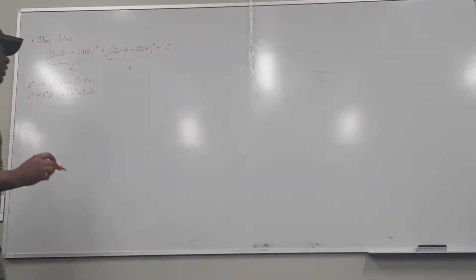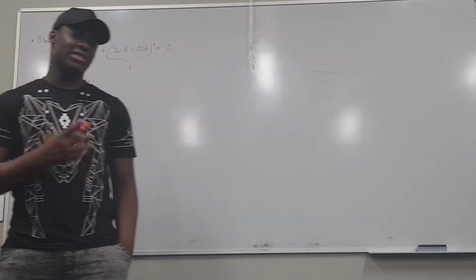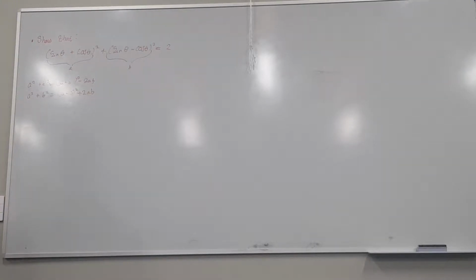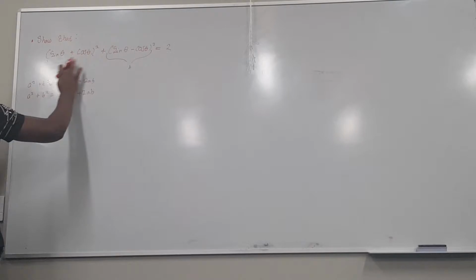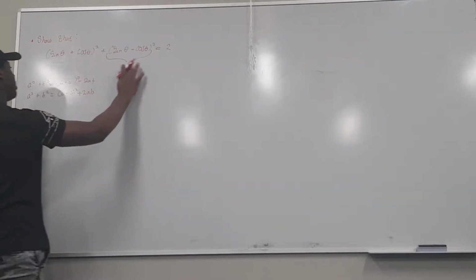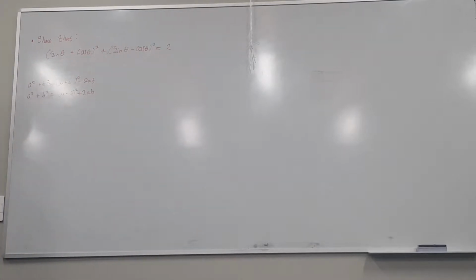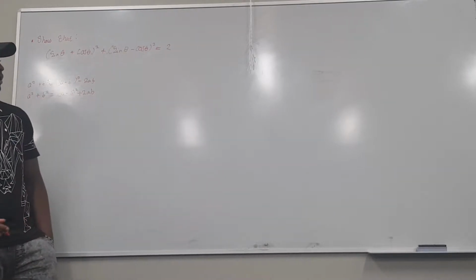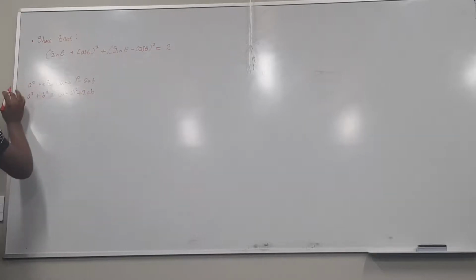So take sine theta as a here, and cosine theta as b here. We're not using this whole thing as a anymore, but if you wanted to, you can; the mathematics works out to be the same thing. Using this identity, since we know what (a plus b) all squared is, we can put that into the equation and take this negative 2ab to the other part of the equation.